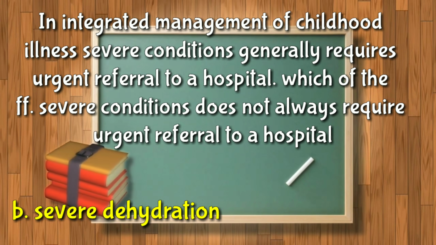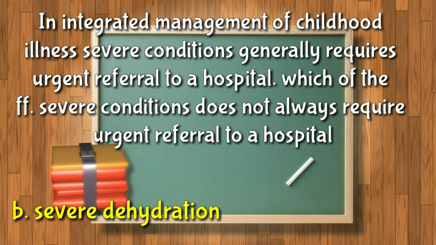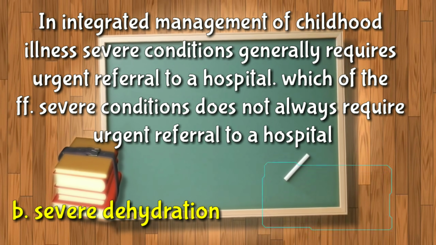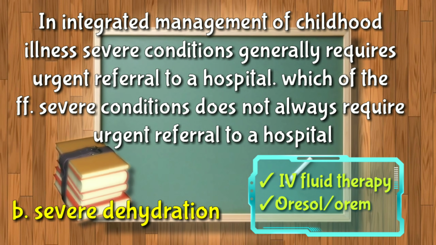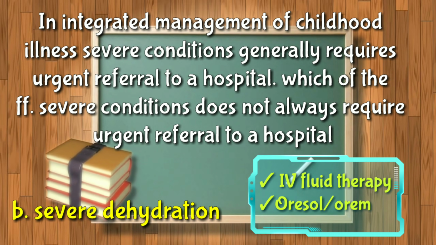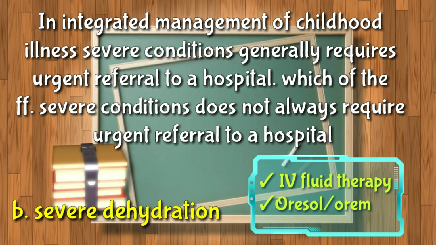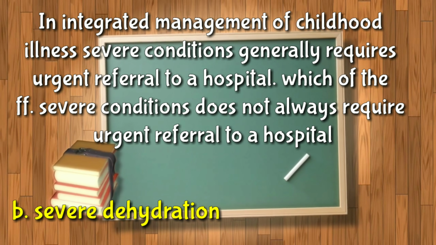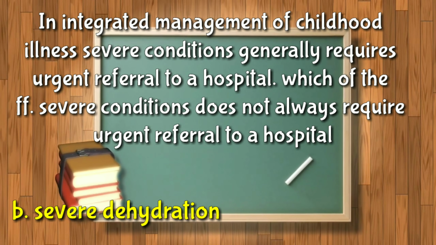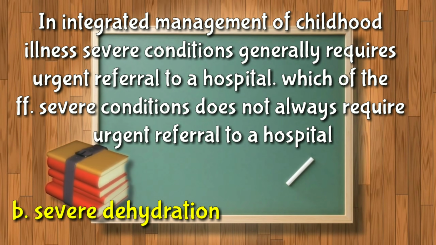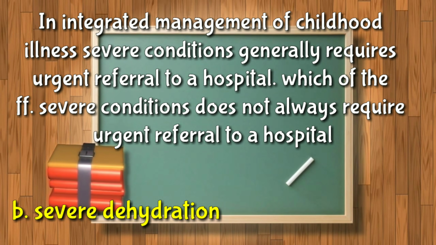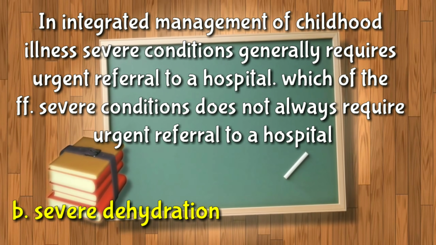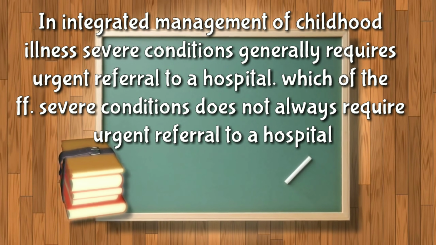Severe dehydration does not always require urgent referral, because the order of priority in the management of severe dehydration is as follows: IV fluid therapy, referral to a facility where IV fluids can be initiated within 30 minutes, ORS or oral rehydration. But when these are impossible or ineffective, then urgent referral to a hospital is done. So that is why the answer is letter B. Severe dehydration does not require urgent referral to a hospital.